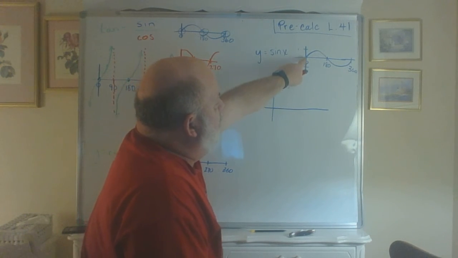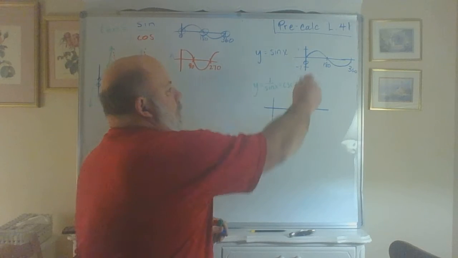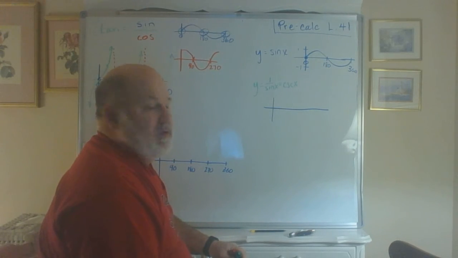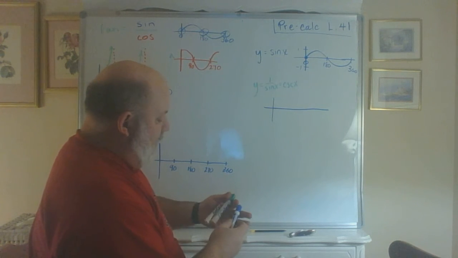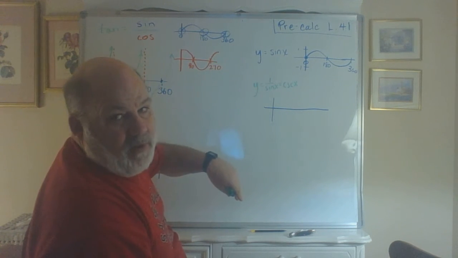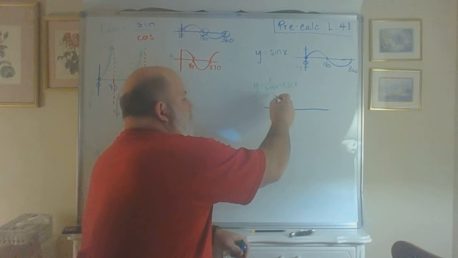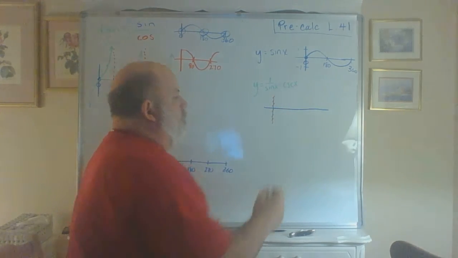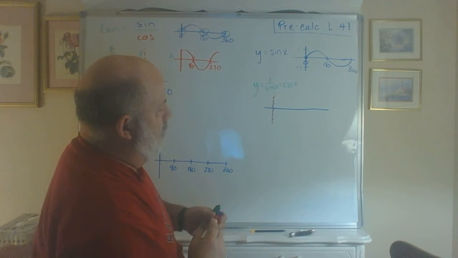And it says, okay, we've got a 0. The sine function crosses the x-axis at 0. Because of that, the reciprocal function, cosecant x, will have a pole at 0 degrees. I'm going to draw it like that. Okay.